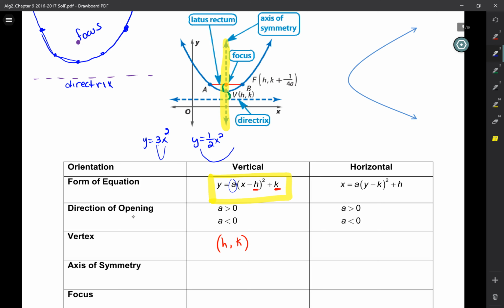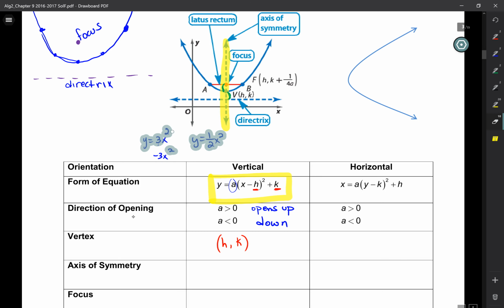All right? So that's going to come in handy here. But in addition to that, what if I had 3x squared and negative 3x squared? What does the sign make? Right. So if a is greater than 0, which way does it open? It opens up. And if it's less than 0, it opens down. Okay?